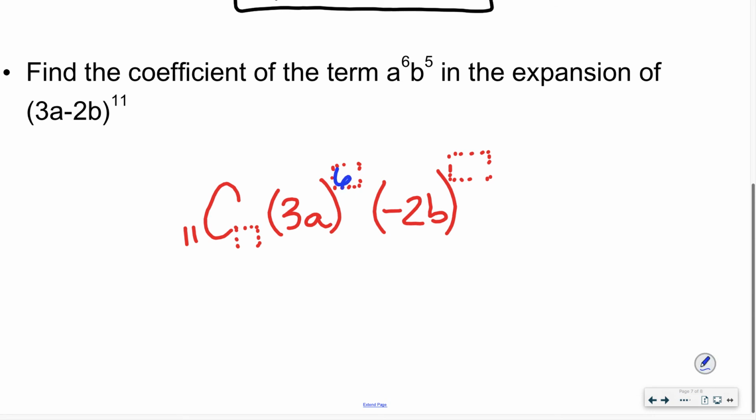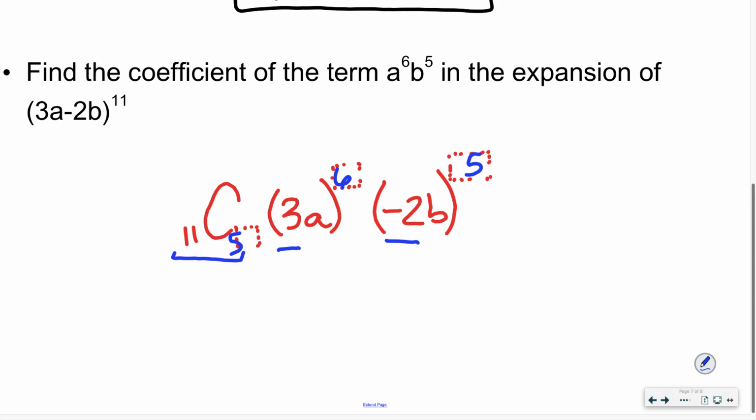What power needs to be on b? 5. So what combination should we have right here? 5, because it needs to match this second exponent. So we need 11 combinations of 5, 3 to the 6th, and negative 2 to the 5th, all multiplied together. It would be 462 for 11 choose 5.